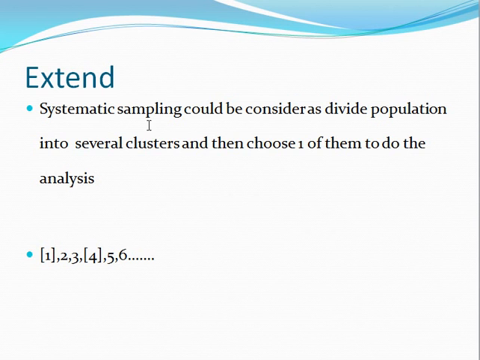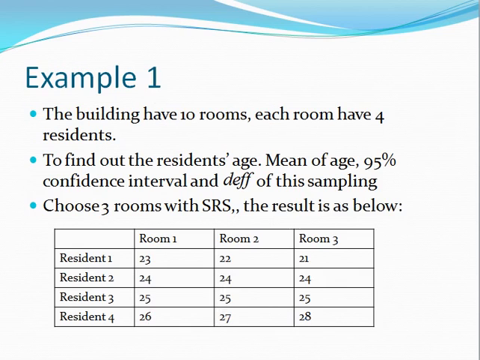We have two examples to show how the difference inside the cluster and the difference between the clusters affect the results, and the most important conclusion: we want to maximize the difference inside the cluster and minimize the difference between the clusters. So that could give us a better result from the sampling method.